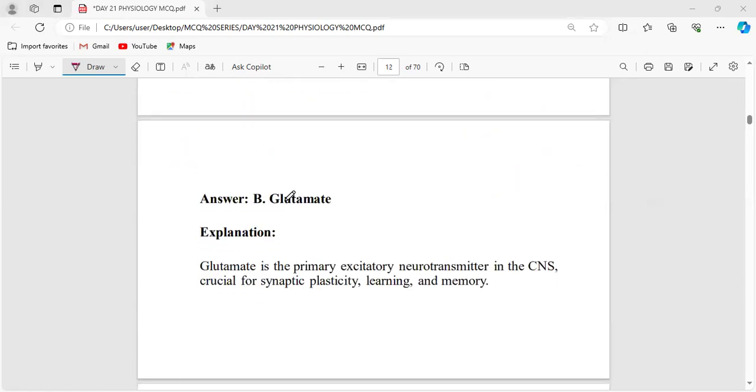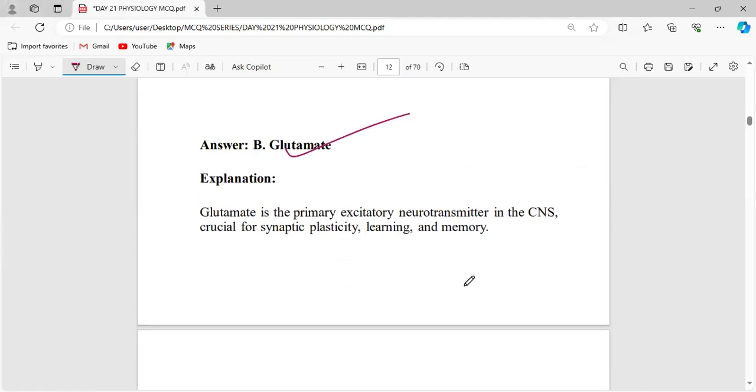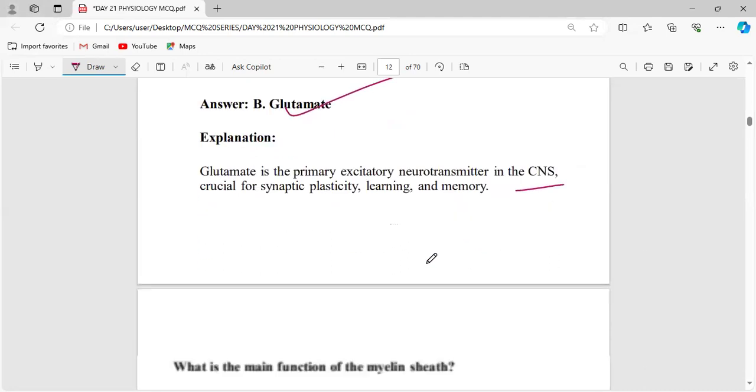Glutamate. Glutamate is the primary excitatory neurotransmitter in the central nervous system.